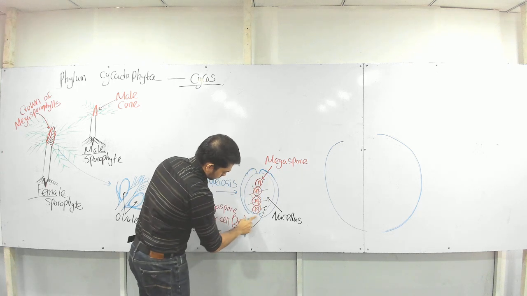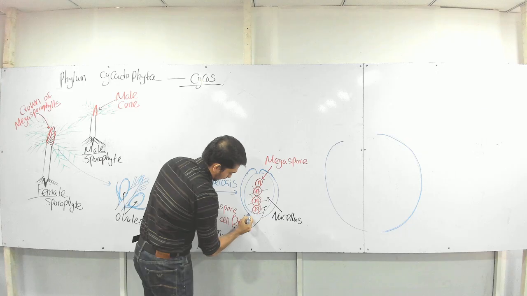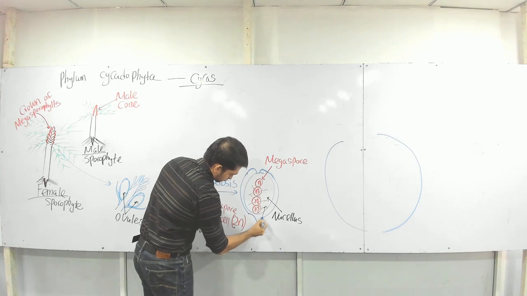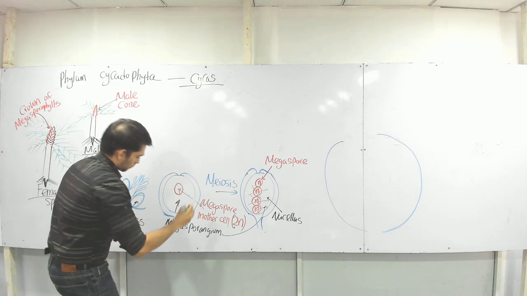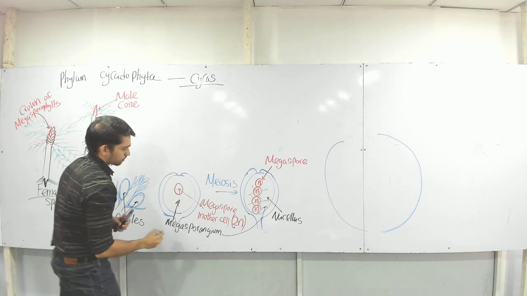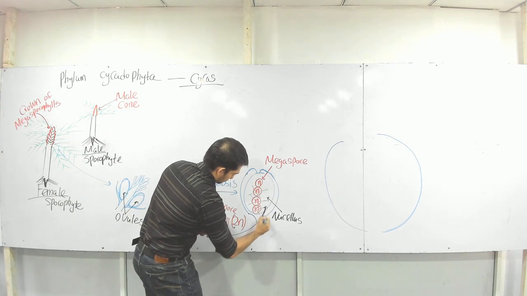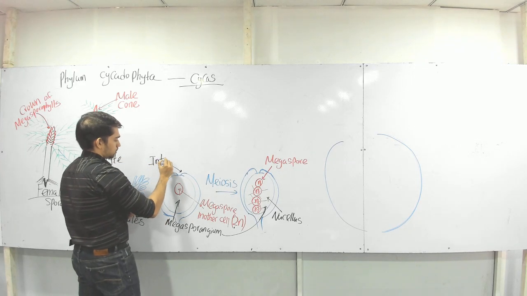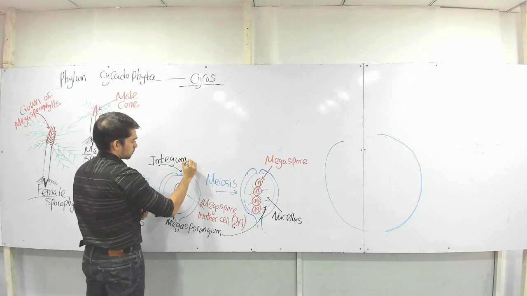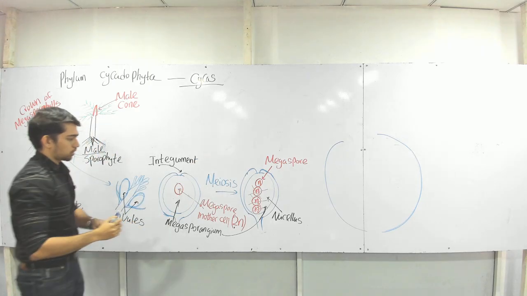So here you have where the ovule attaches. Megasporangium. This is what? Integument. Okay.